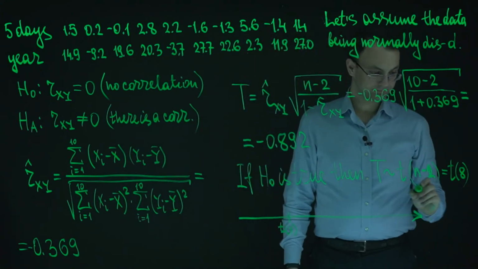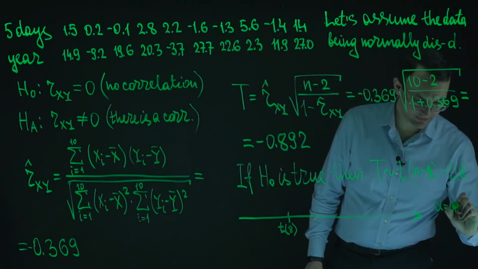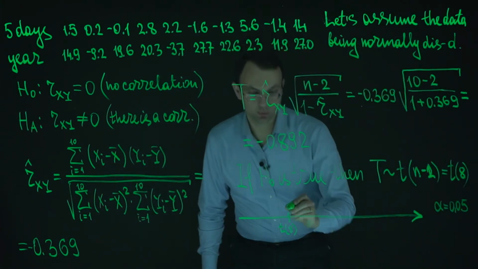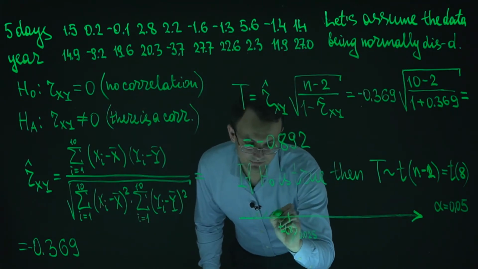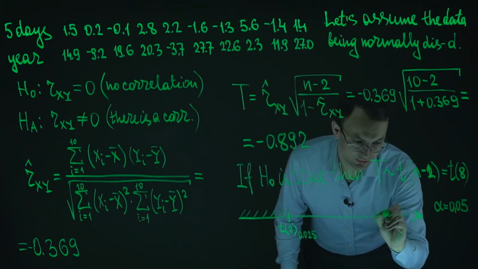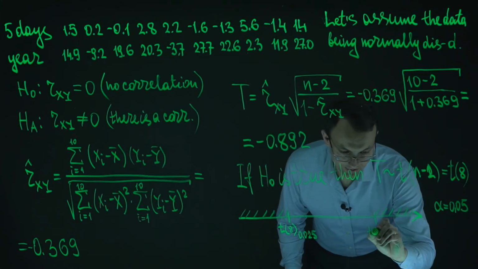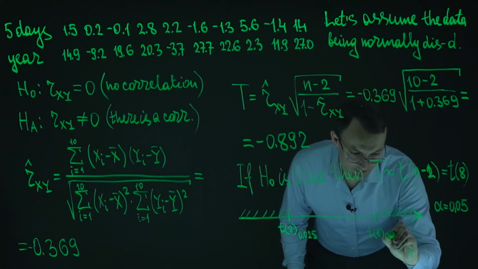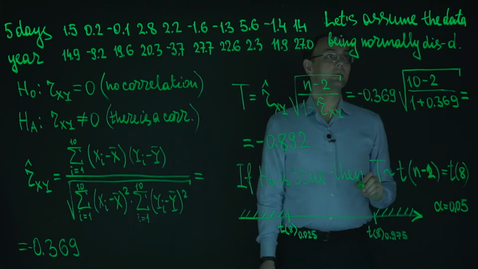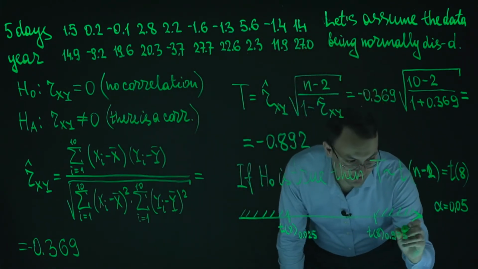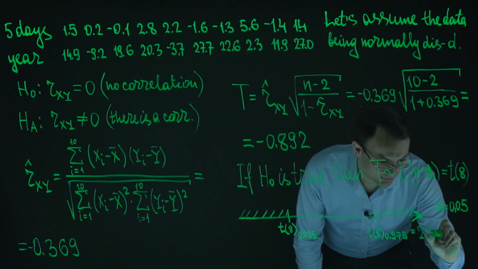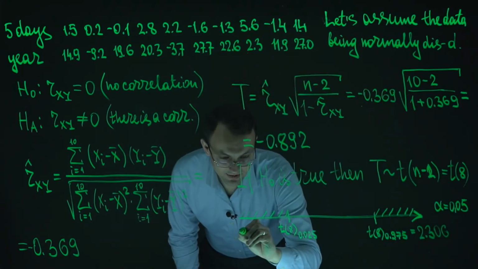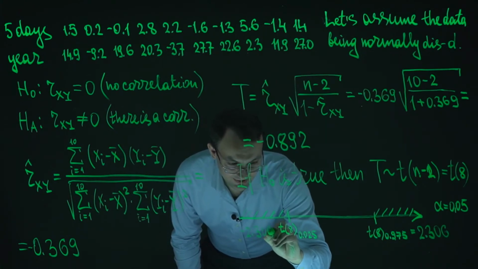If alpha is 0.05 as usual, then here we have 0.025, and here we have 0.975, and they are equal to 2.306 with plus and with minus, so 2.306 and minus 2.306.